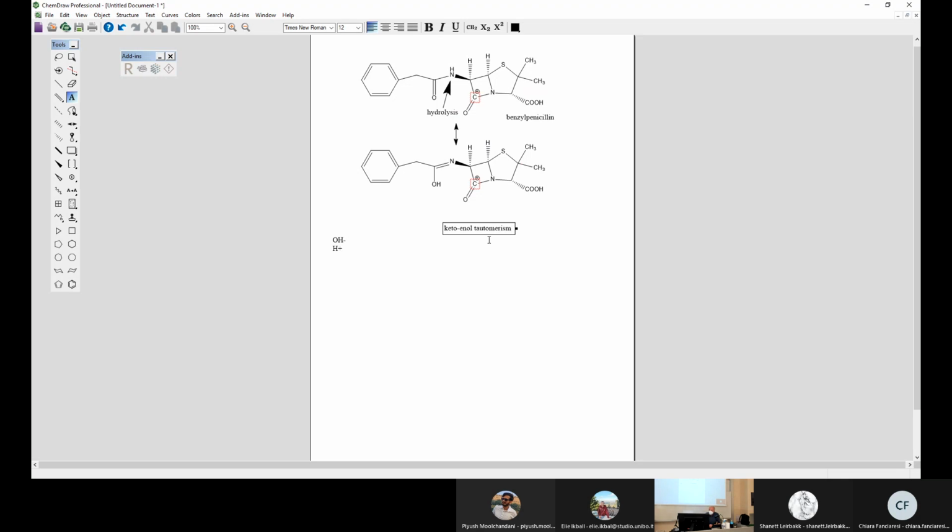Keto-enol tautomerism. Keto means the carbonyl, enol means alcohol. It is not resonance. Resonance is a shift of electrons. In this case, you have a shift of a mobile proton. In the beta-lactam ring, you have no mobile proton, you see.